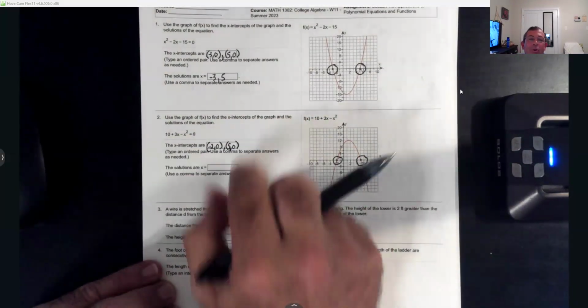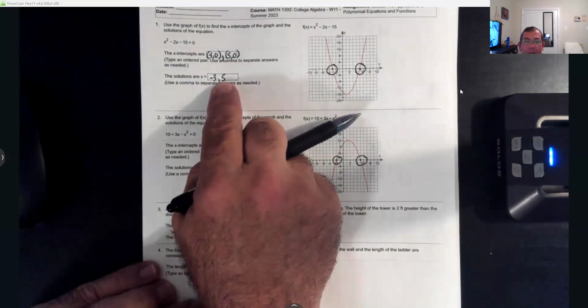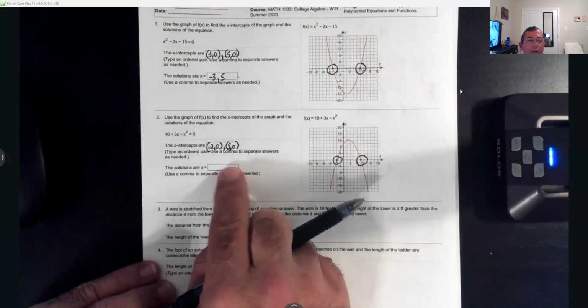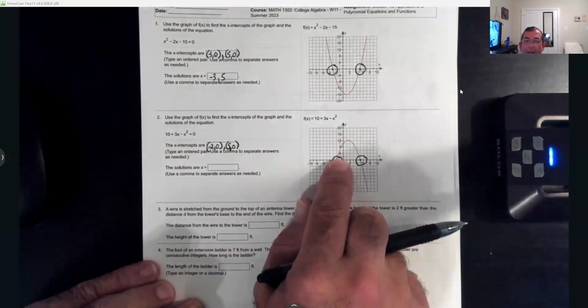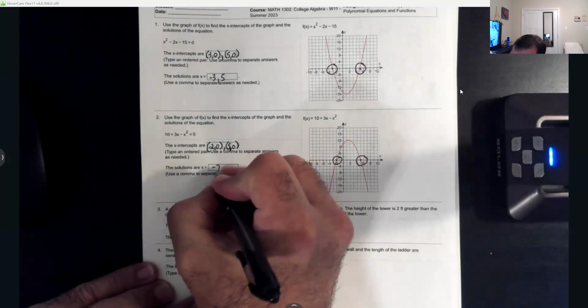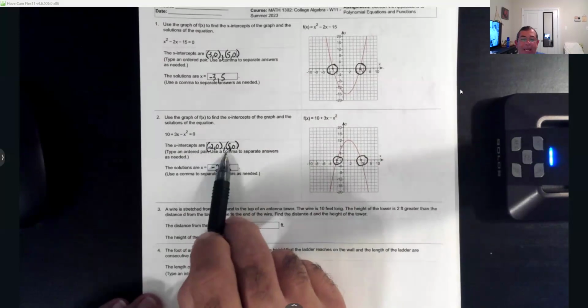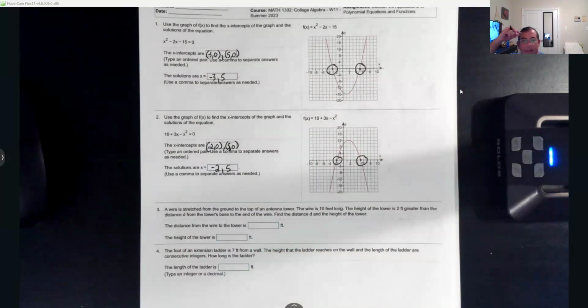You know, they're just keeping you squared away on the difference between x-intercepts and solutions, okay? All right, so we know the solutions are going to be the -2 and the 5, which is equal to the x values of those x-intercepts.